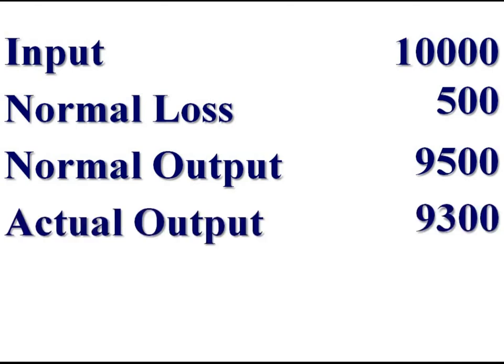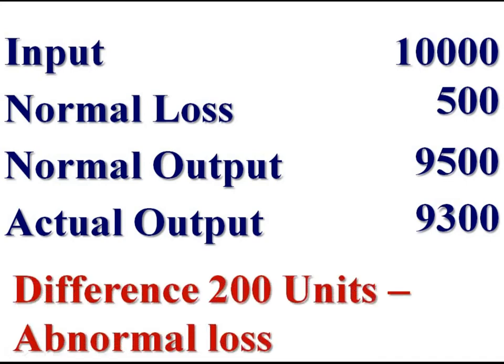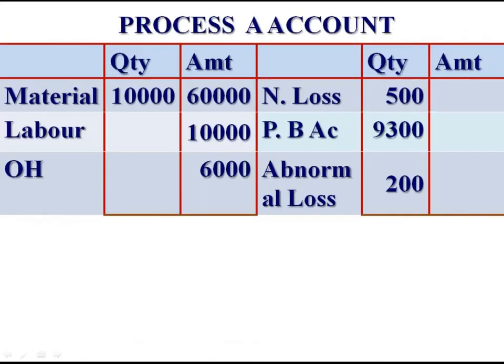The actual output from process A 9,300. The difference of 200 units being abnormal loss. There is an abnormal loss of 200 units in process A and it is to be credited in the process A account. In the credit side, abnormal loss 200 units in quantity column.